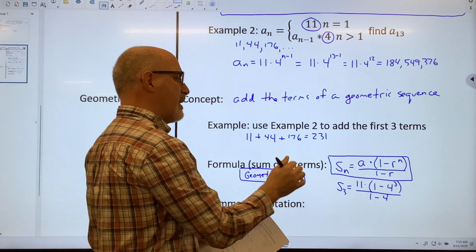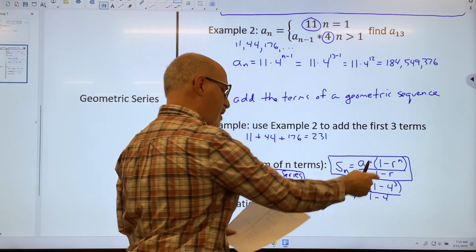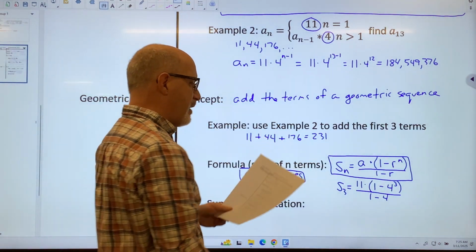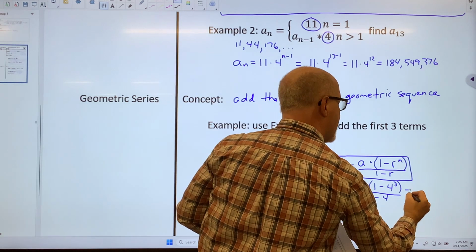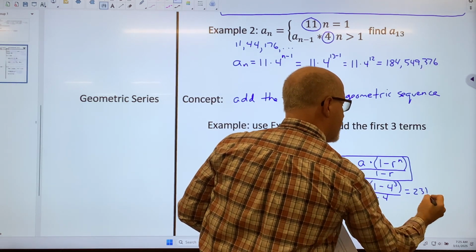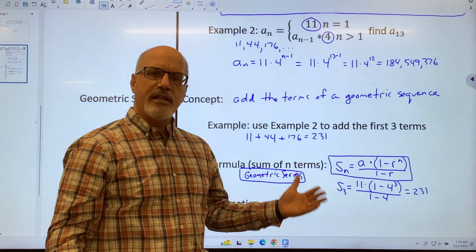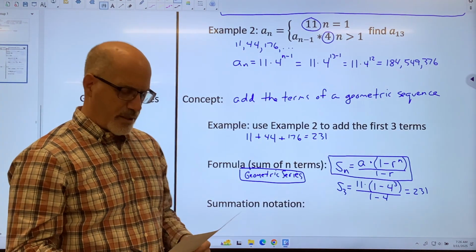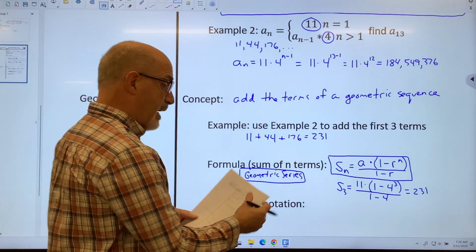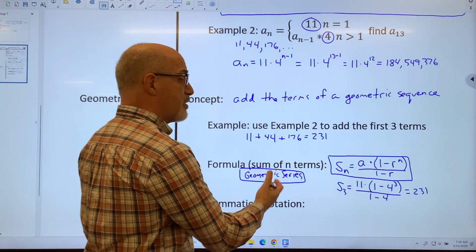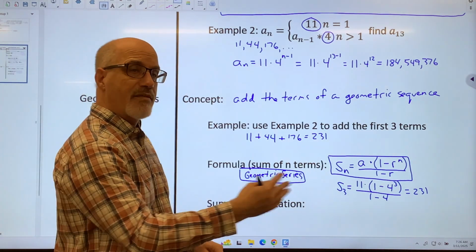So you put in the first term and the common ratio into that, and if you do that calculation on your calculator, you'll get the same 231. You could do that now for any number of terms in the sequence. So this is a handy formula to use, especially if you have to get many of the terms of the sequence added together.